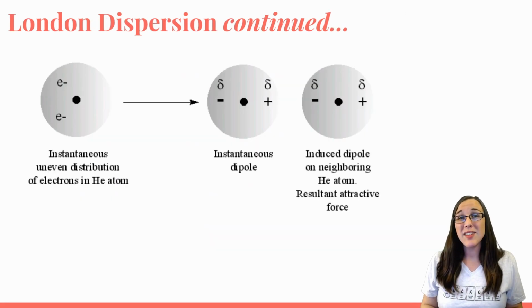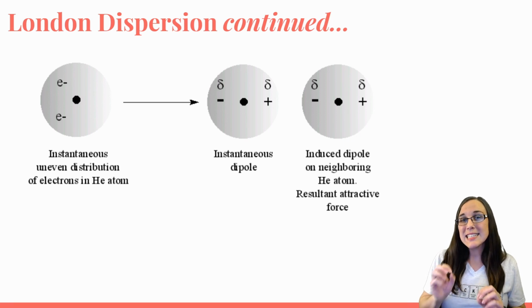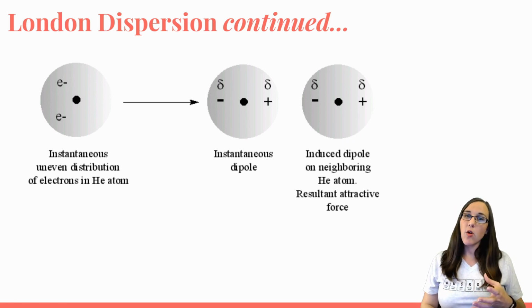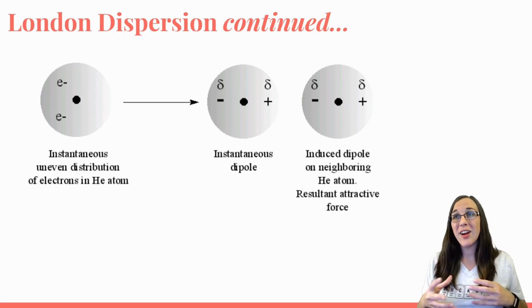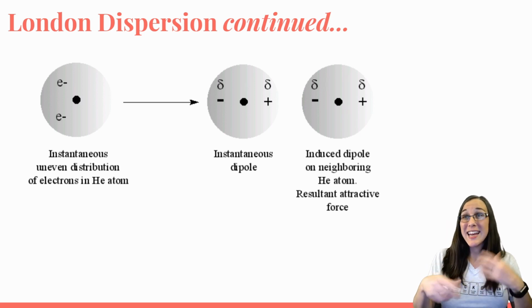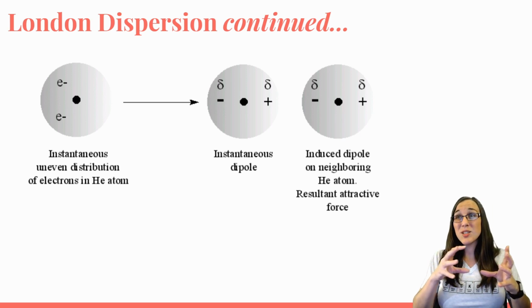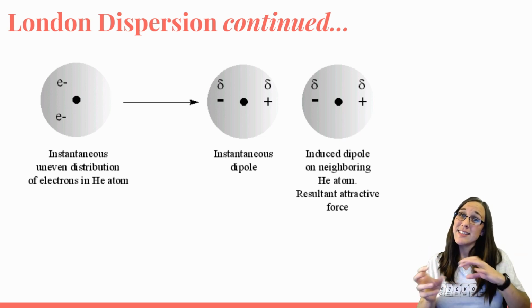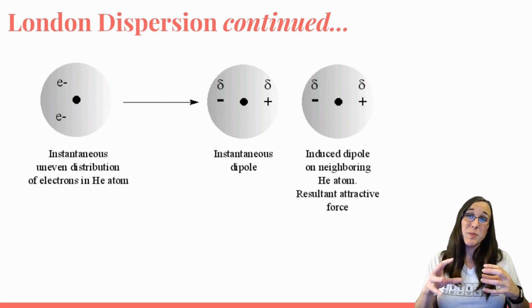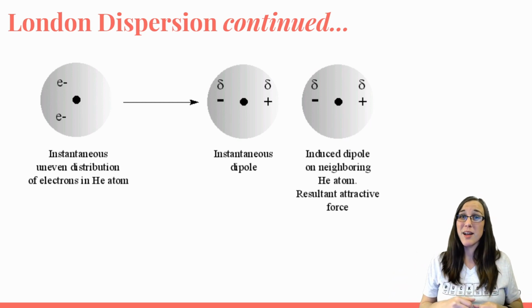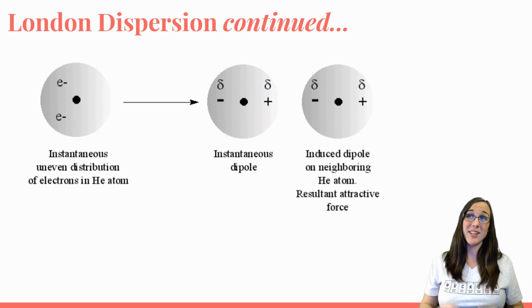You can also think of London dispersion forces as an instantaneous force. It's almost like two areas containing electrons bump into another area containing electrons, and instantaneously the electrons shift in such a way that you get a slight negative region and a slight positive region. But then those readjust because, remember, in nonpolar bonds there's an equal sharing of electrons.